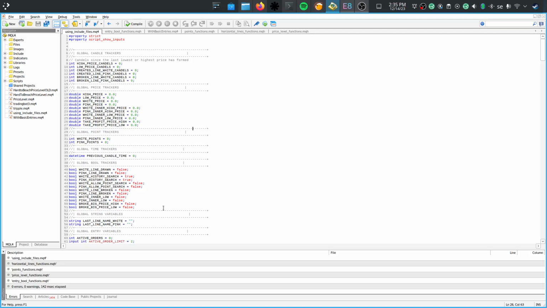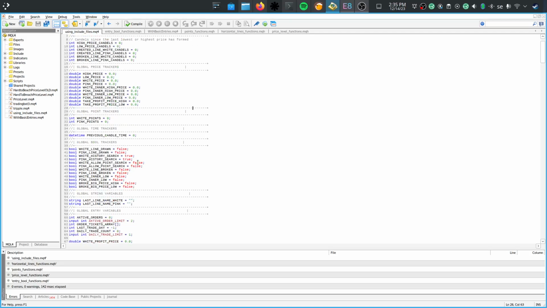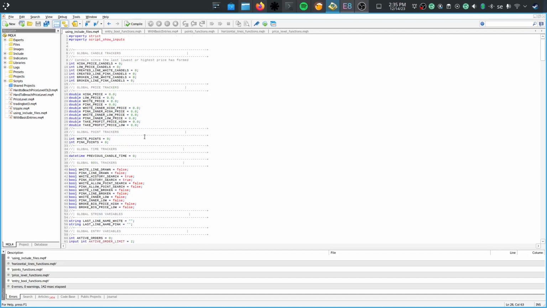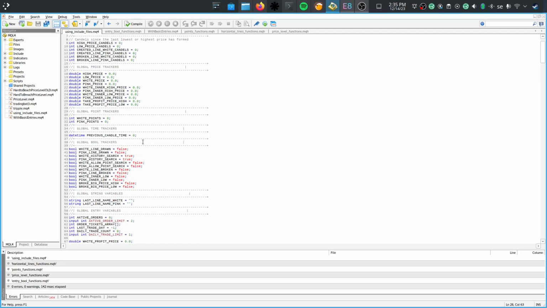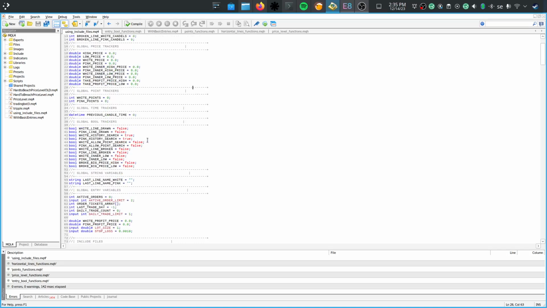First, I have a lot of globals, a lot of trackers. This whole program is just a bunch of if statements and else, and you need to keep track of a lot of stuff. So you need to be very oriented and have a good structure, but it takes practice.